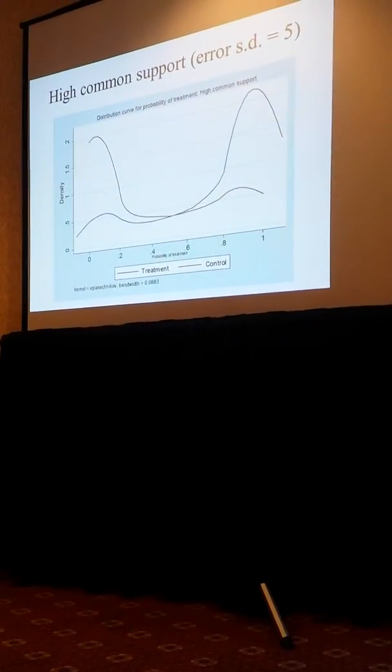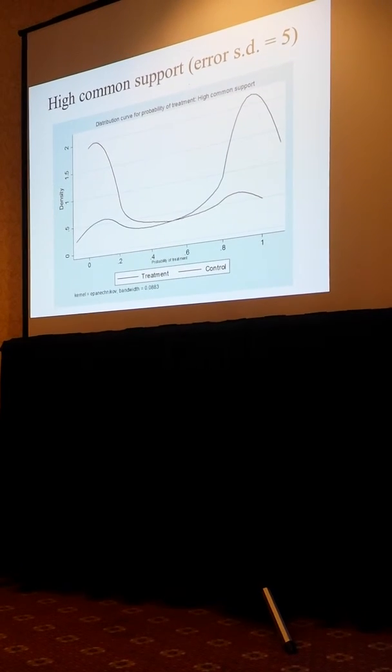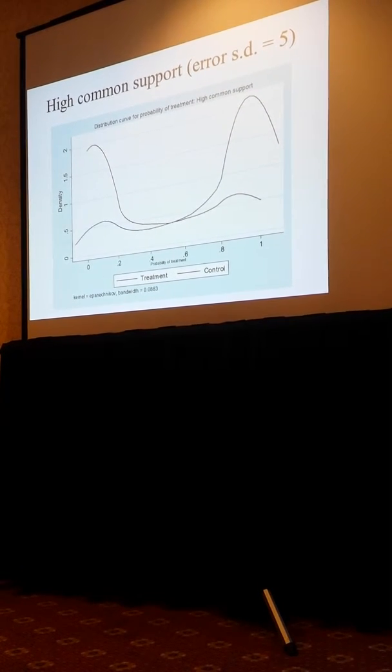Okay, so I want to show the common support variation that I look at. This is the biggest common support. So on the horizontal axis is the probability of treatment. The red line is the control group, and the blue line is the treatment group. And so even though there's a lot of mass on either end, you can see there's a lot of common support here.